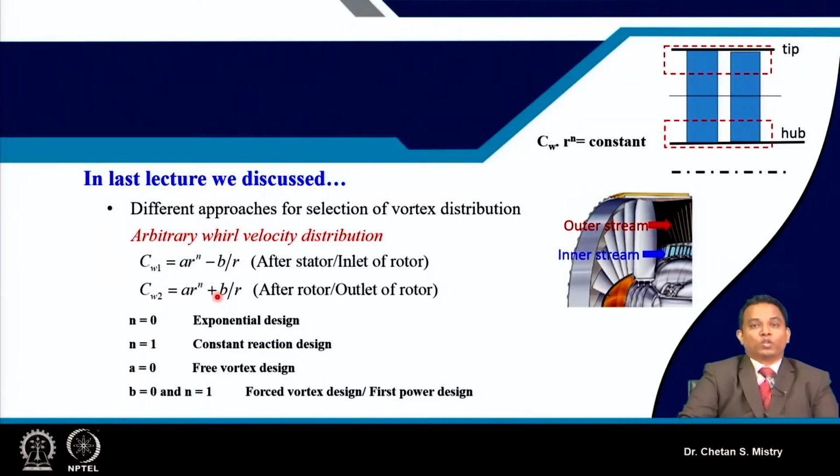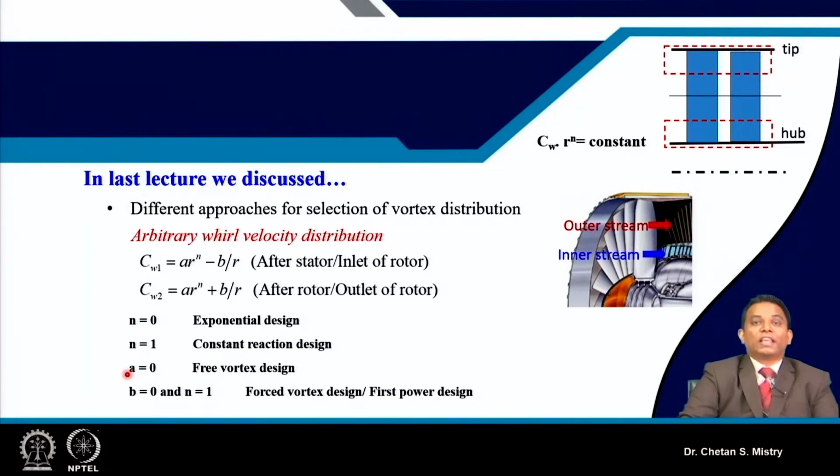Here also we take different values for this exponent. As discussed in the last lecture, when n equals 0, that design approach is called exponential design. When n equals 1, we refer to it as a constant reaction design.